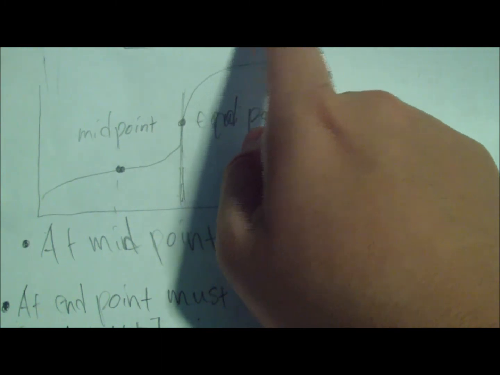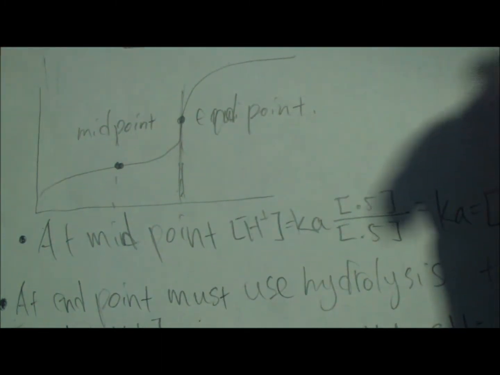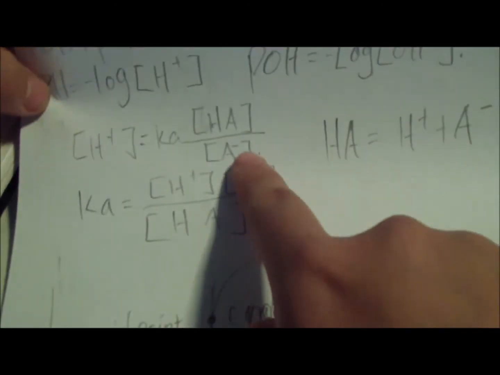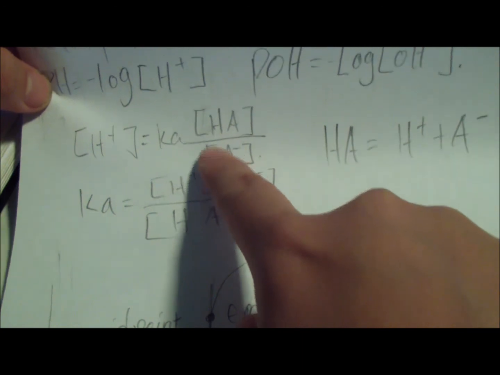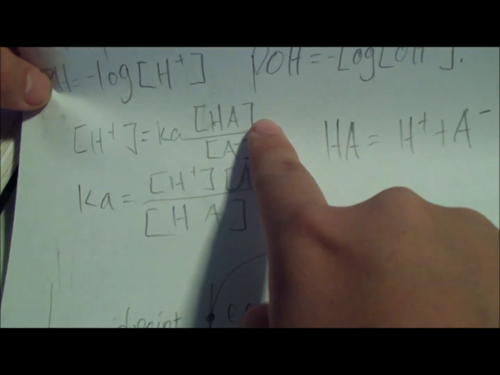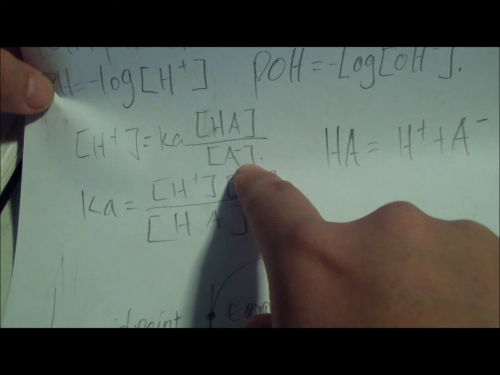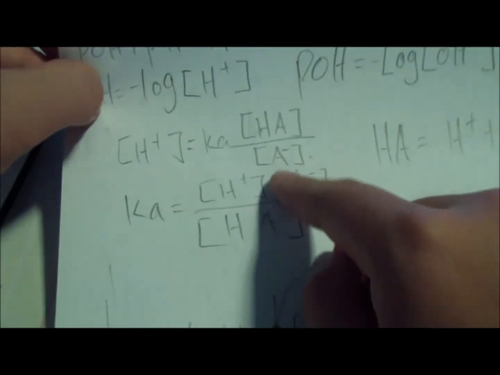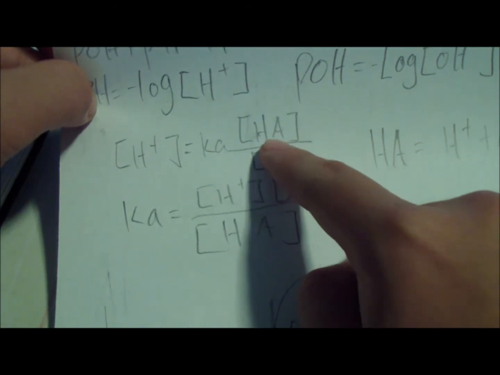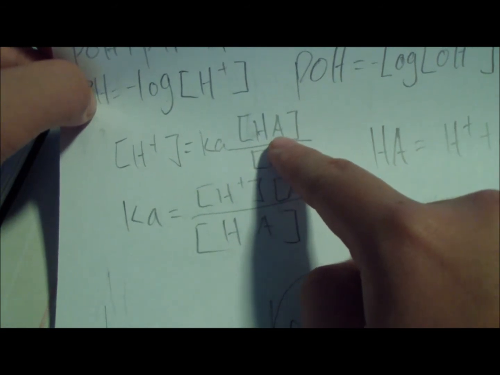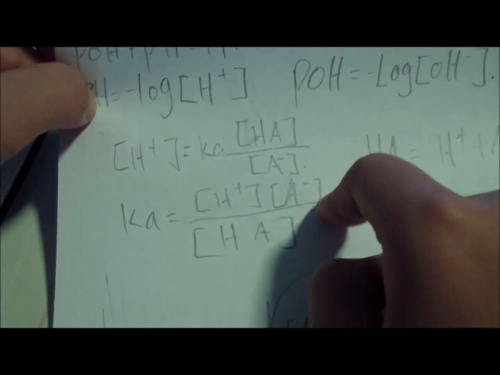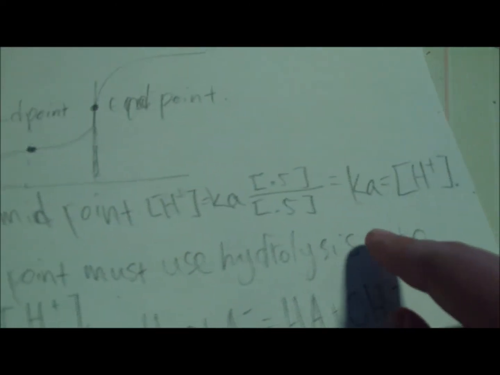Let's say it started at 1 and dissociates half, and this gains half. In the beginning, there's no A minus, so at midpoint this gains 0.5 and this loses 0.5. So 1 minus 0.5 over 0.5 equals 1. So at midpoint, Ka equals H plus.